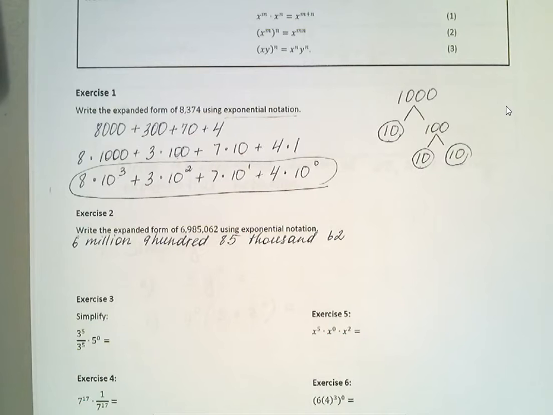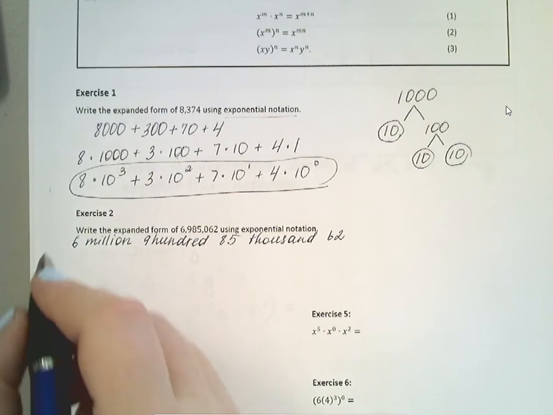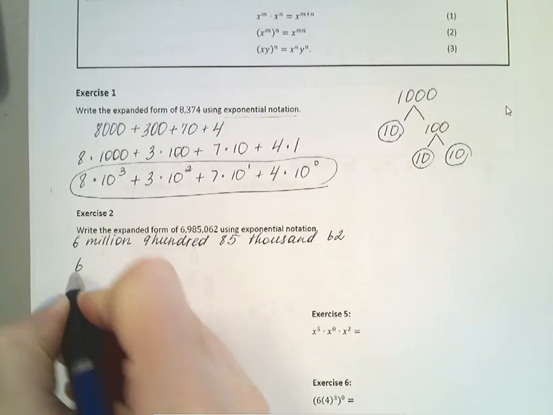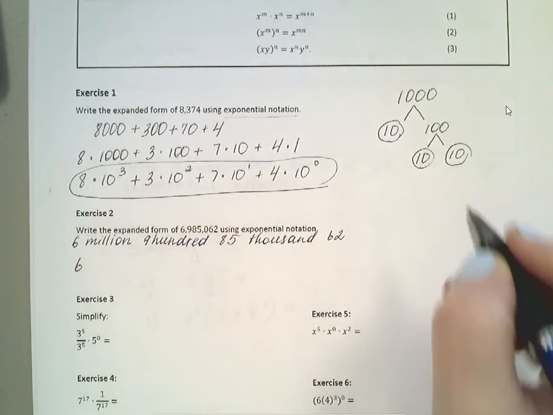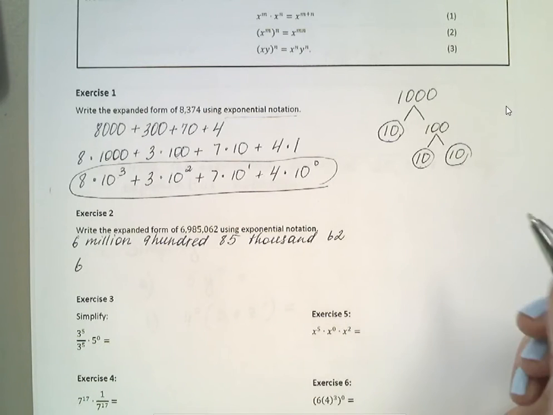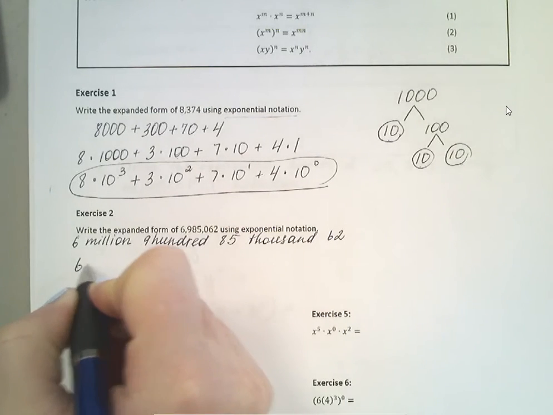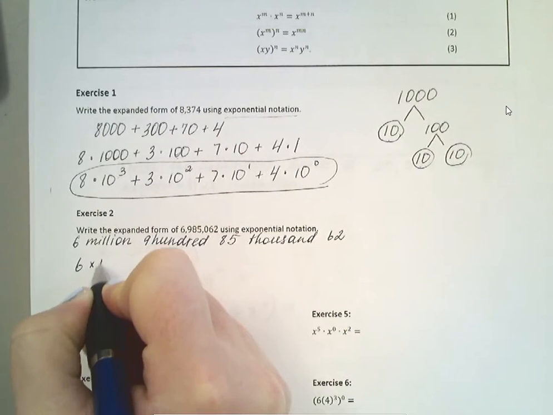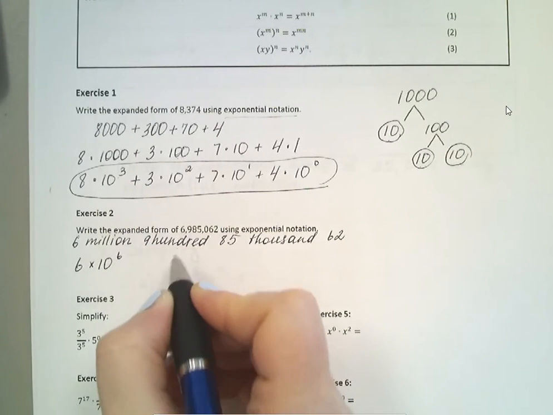Okay, so how can I write it in exponential notation? 6 million. 6 and the million is 10 multiplied by itself 6 times, right? So 10 to the 6th. I'm going to write 6 times 10 to the 6th.